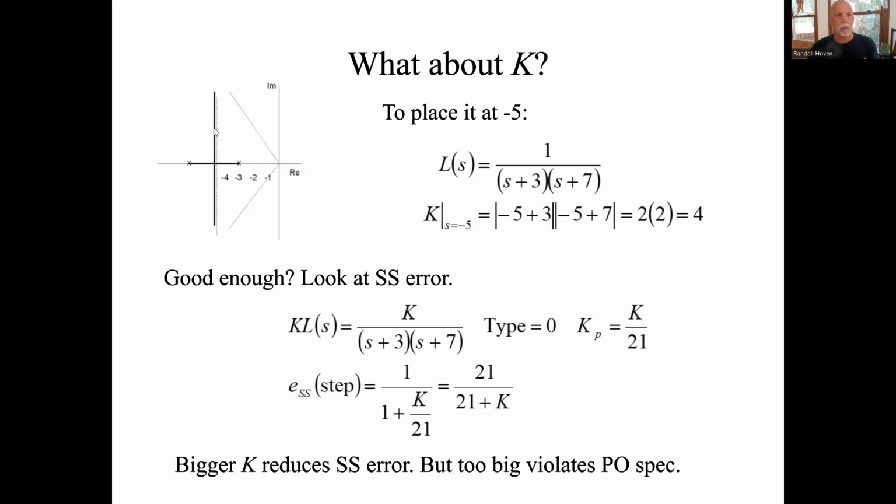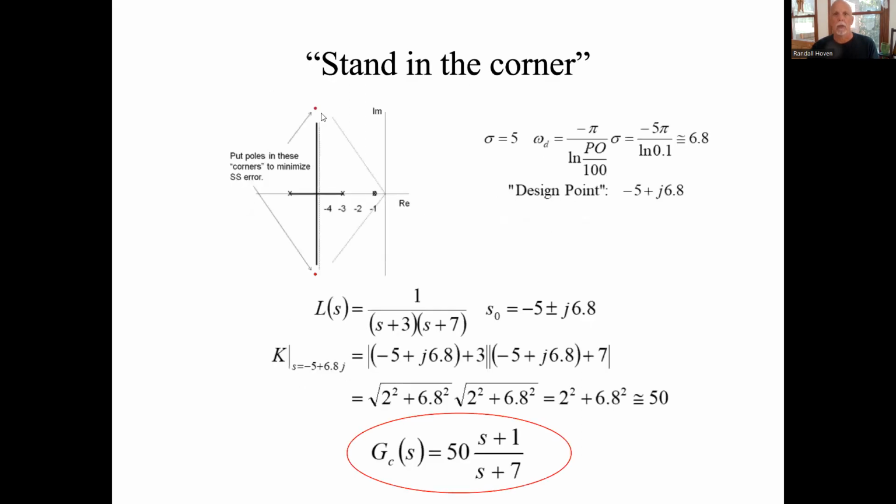But if you go too big, you go up this line, and then you cross this slanted line. So you violate the peak overshoot spec. So you want to find about as big of a K as you can get without going over that line. And I did it this way. If we're going up, this asymptote is at minus 5. Where does it hit this line?